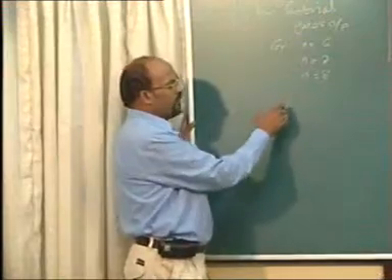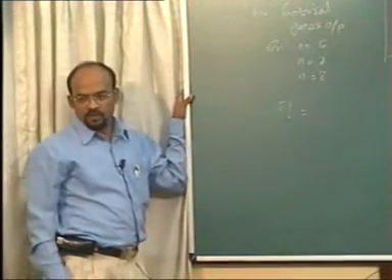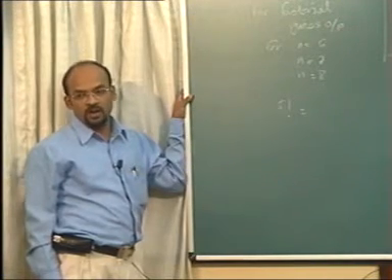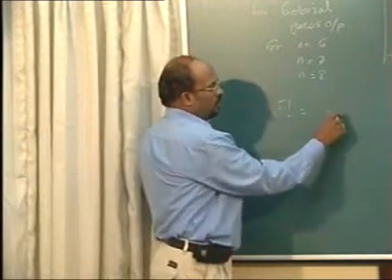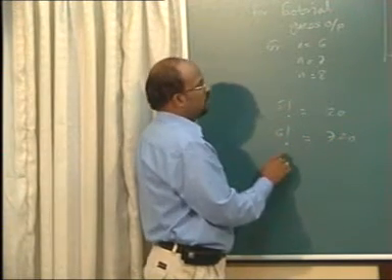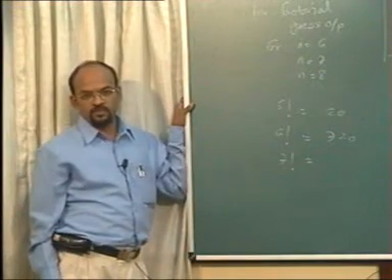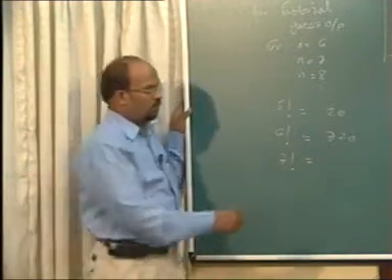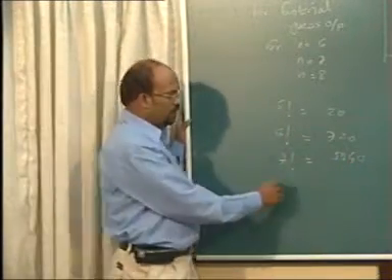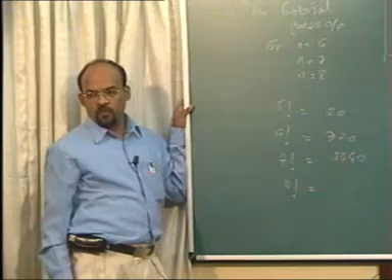How much is 5 factorial? Five factorial 120. 6 factorial 720. 7 factorial 5040. 8 factorial 40320.